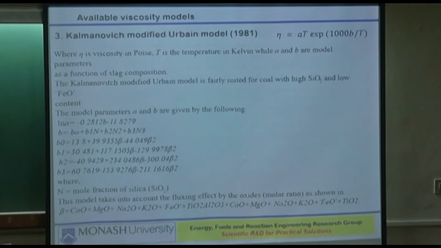So the two model parameters, small a, small b, are then given by these expressions. And there are a whole range of sub-expressions below. I have never bothered to investigate them in detail, to be honest.